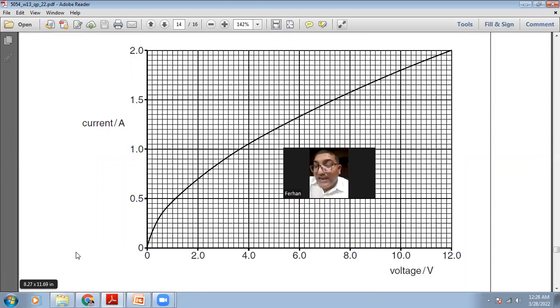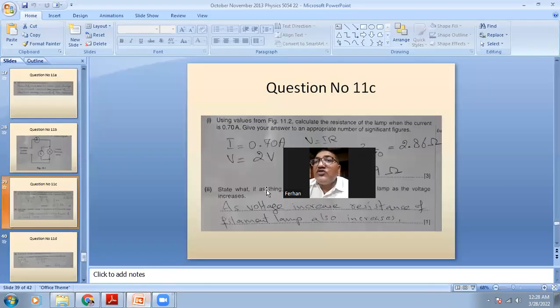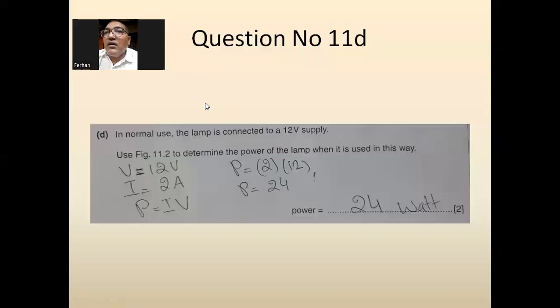P equals IV. The voltage is 12 volts, and from that graph, I can tell that the current will be 2 amperes. So P equals 2 multiplied by 12, that will be 24. So the answer will be 24 watts.